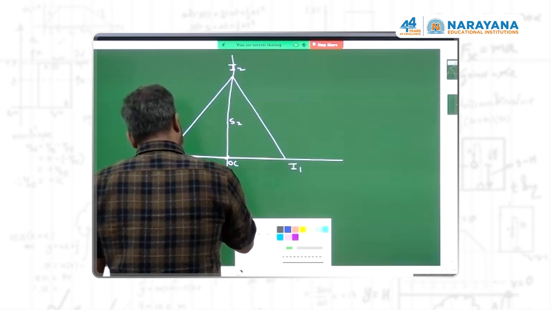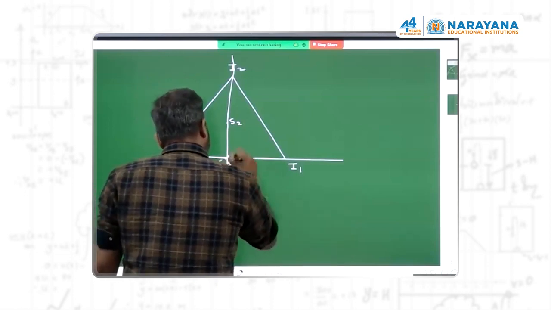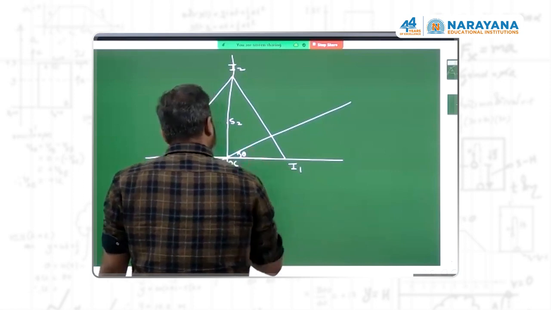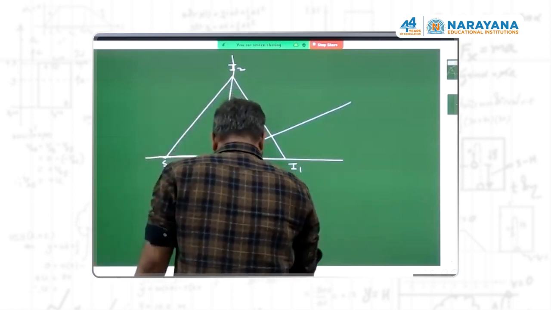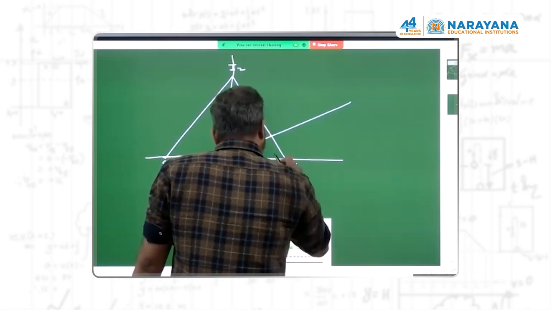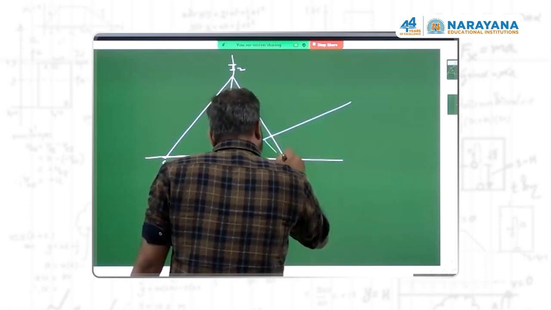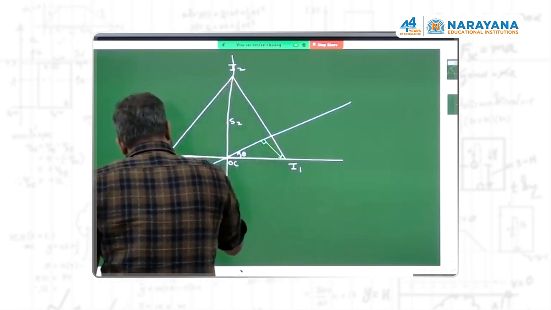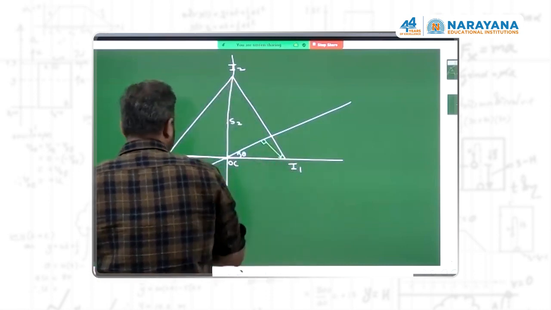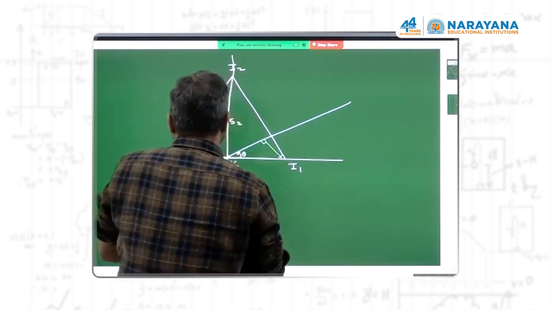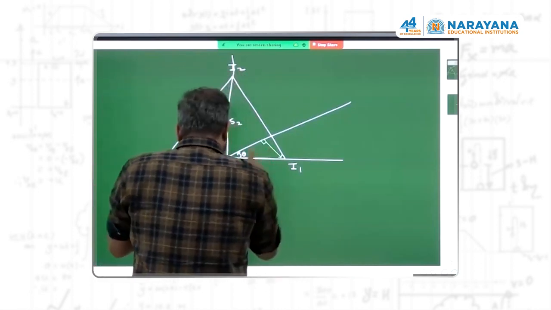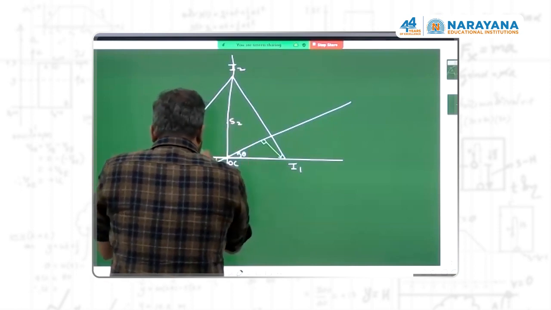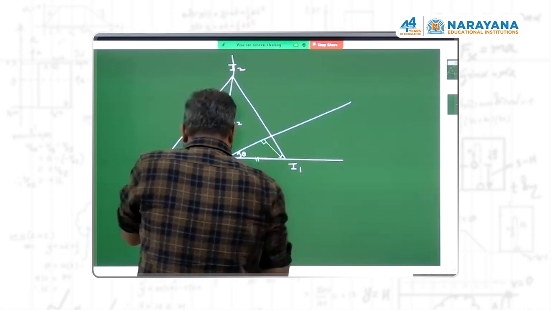First of all, I took a general principal axis at an angle of theta. Now with respect to this, you can draw your image like this. Let's say this is the image, this angle is 90, and this is the source, again at an angle of 90. One thing you need to understand here, this angle is theta, this is theta, because this edge and this edge are equal.